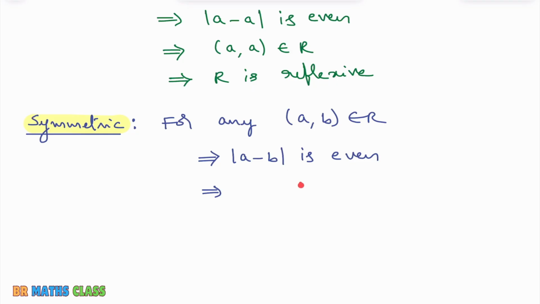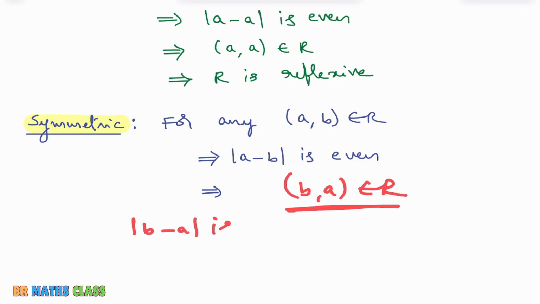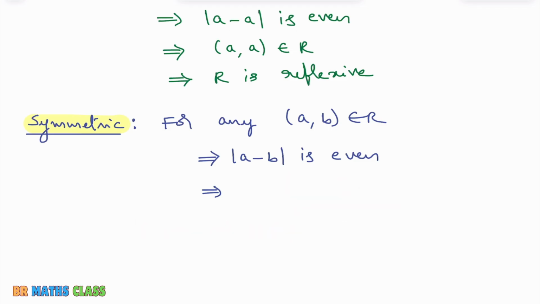Here, I can say that (b, a) belongs to R if the modulus of b minus a is even. For any a and b in set A, you can observe one thing: the modulus of a minus b is the same as the modulus of b minus a. This is the basic thing you can observe.